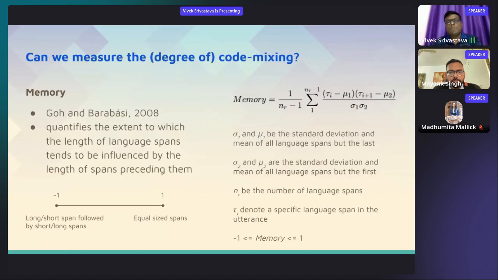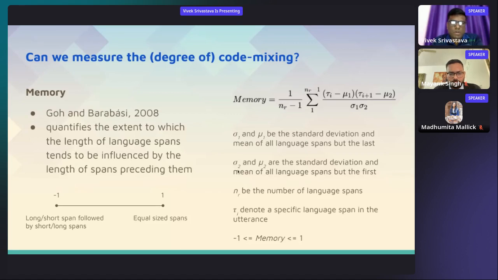This is the final metric that I want to talk about, and this is memory, which quantifies the extent to which the length of language spans gets influenced by the length of language spans preceding them. So what was the length of the language span of the previous span, and how does it influence the next language span.